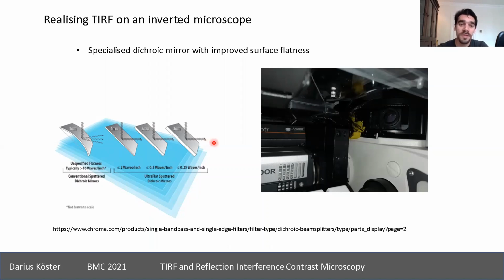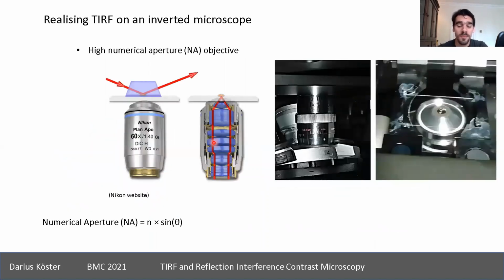The next important part is, of course, the objective. I already mentioned a few times, we need a high numerical aperture objective to realize TIRF microscopy. This has to do with the fact that, as you saw, the critical angle is around 60 degrees for our typical glass-water interface.